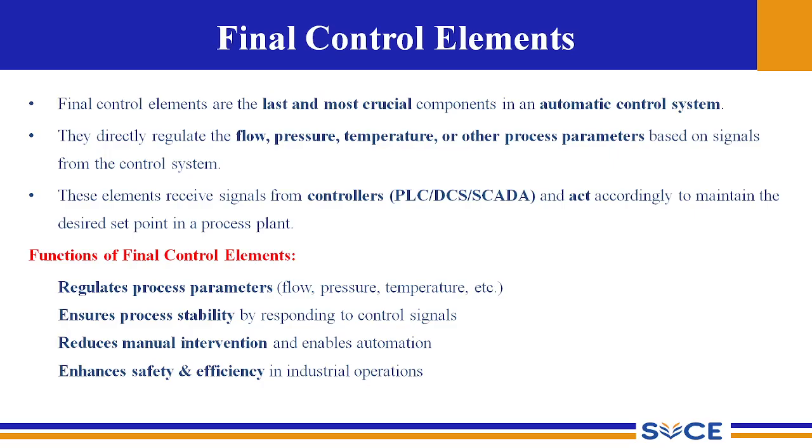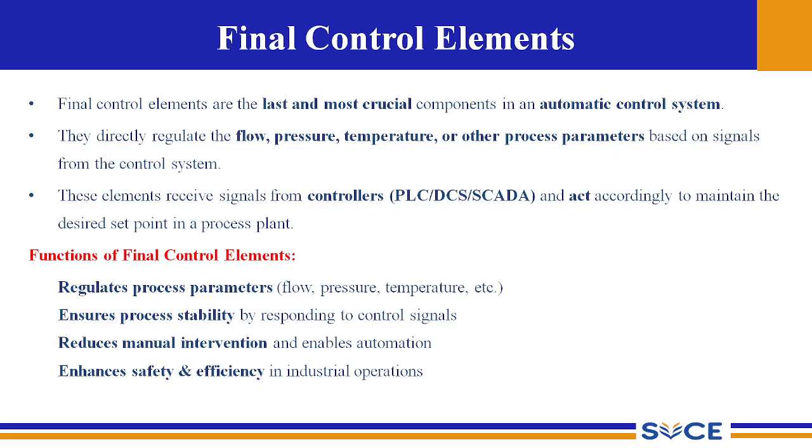So that is the last or the most crucial component in an automatic control system. They are used to regulate the process parameters like your flow, pressure, temperature, etc. And it will ensure the process stability by responding to the various control signals, and it will reduce the manual intervention and enable the automation of the process, and it enhances the safety and efficiency in an industrial operation.